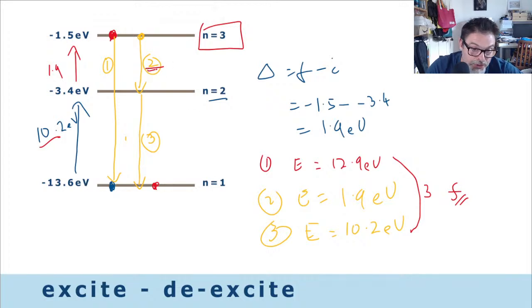So number 2 is likely to be a red colour. Number 3 is slightly more energy, so that might be sort of an orangey colour. And number 1, because it's even more, will give us maybe something in the yellow bit of the spectrum. So you see, we're getting 3 distinct lines.